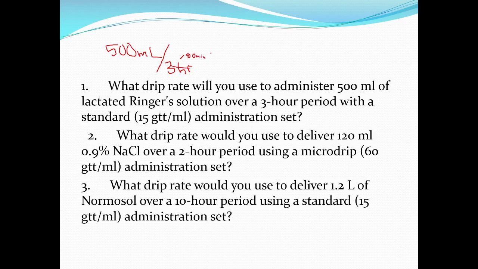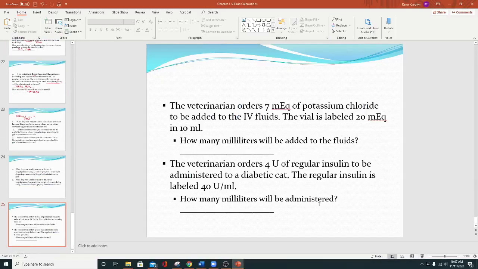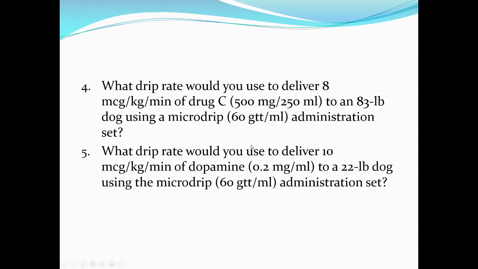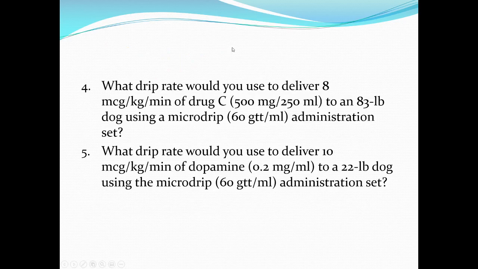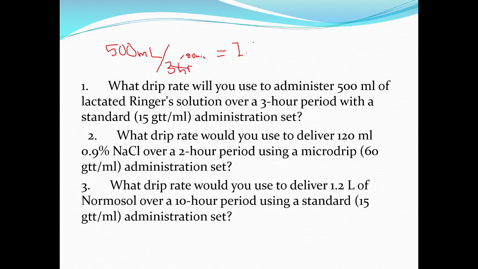So 500 divided by 180 is going to give us 2.78 mils per minute. Let's just call that 2.8 mils per minute.